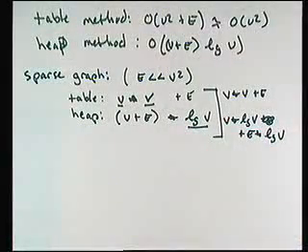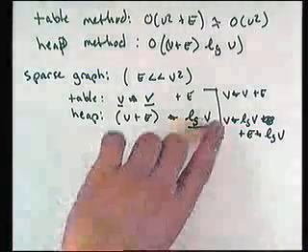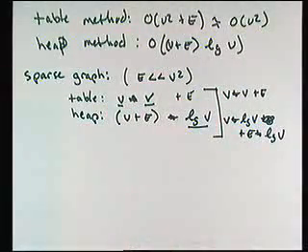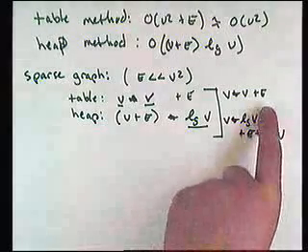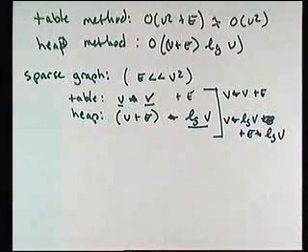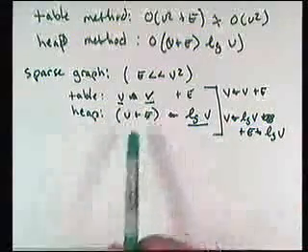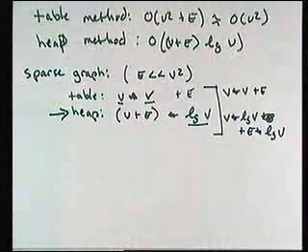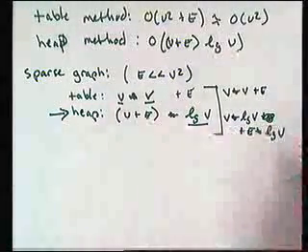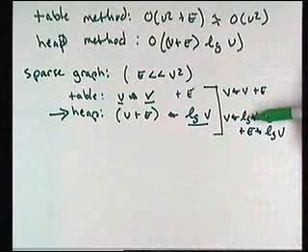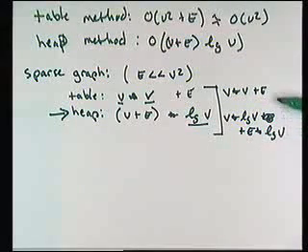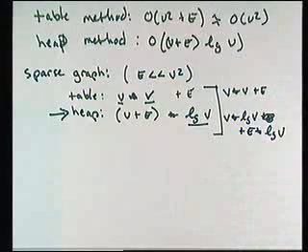And when E is much less than v squared, the v times log v compared to the v times v is small enough that the fact that we're multiplying E times log v instead of E times 1 is not going to be a big deal. This will turn out to be less. So for a sparse graph, we want the heap implementation, because the difference between the v times v and the v times log v will be significant enough that multiplying E by log v instead of 1 won't make up for that, and so the heap implementation is better.